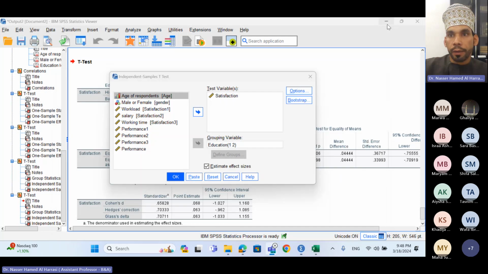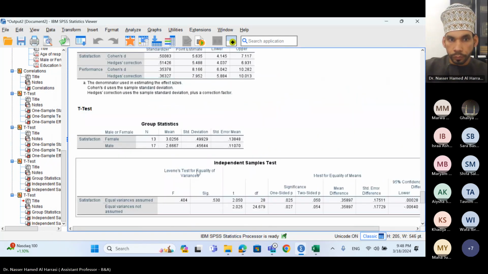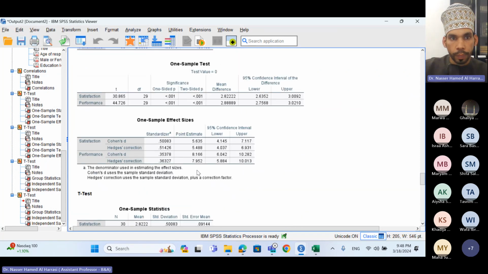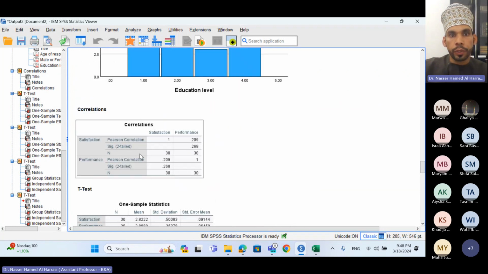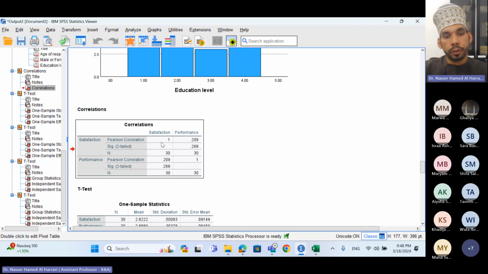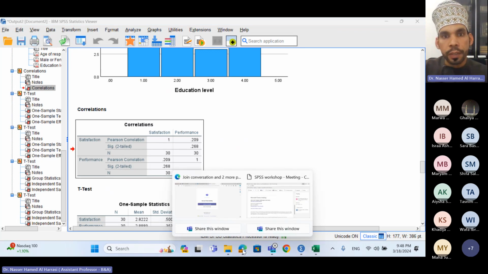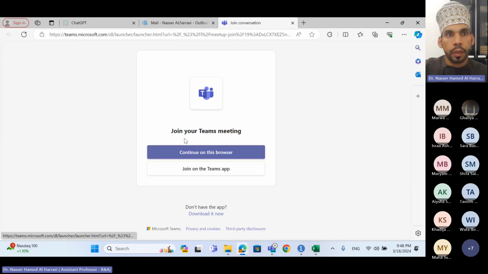Just as an example, which I would like to support you with: this table, the correlations. Now I would like to understand what this table is. I will take this table to ChatGPT.